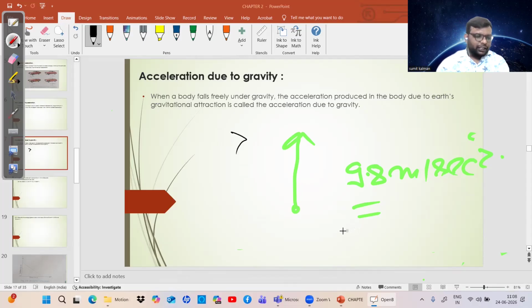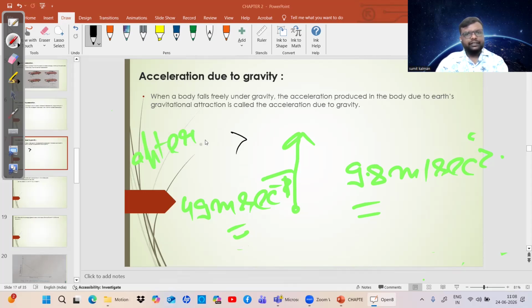Suppose, students, a body is projected vertically upward with an initial velocity of 49 meter per second. Now what will happen? After 1 second, its velocity will be how much?